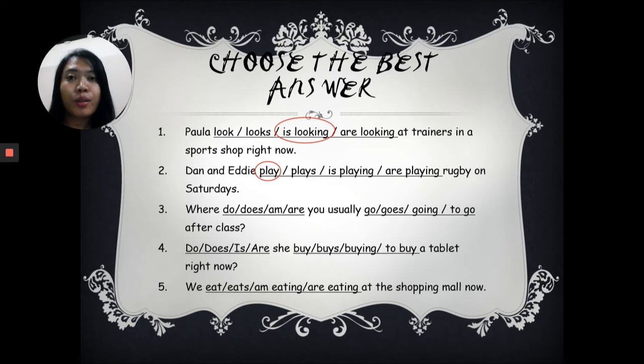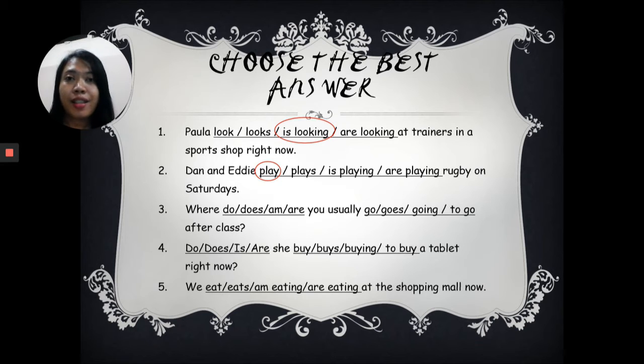Now let's go to number 3. Where, do, does, am, are, you usually go, goes, going to go after class? The subject here is you, and the time signal here is usually. So this is simple present tense. What are the answers for number 3?